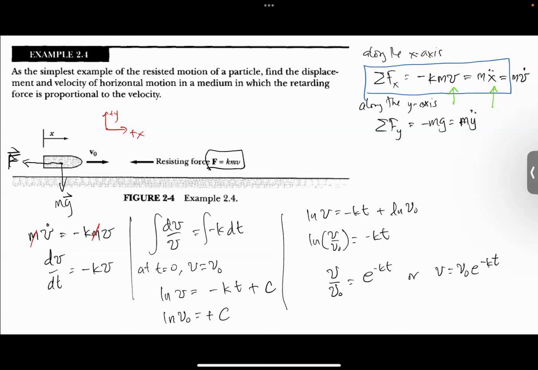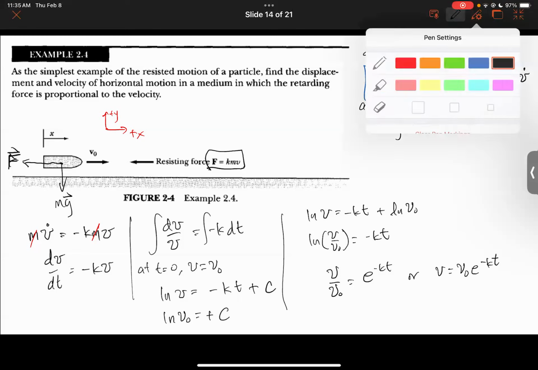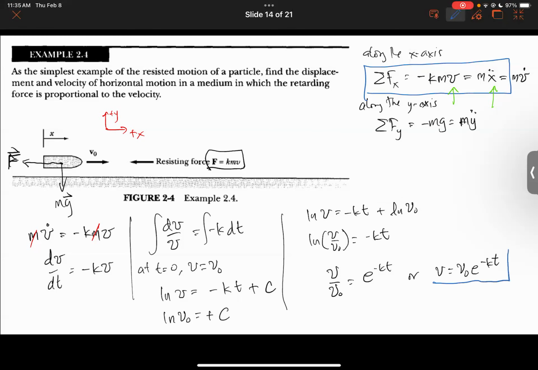Okay, so that's pretty much straightforward. So yan yung expression natin for the velocity, and we have already solved itong part na ito dun sa problem. So next, we solve for the displacement.